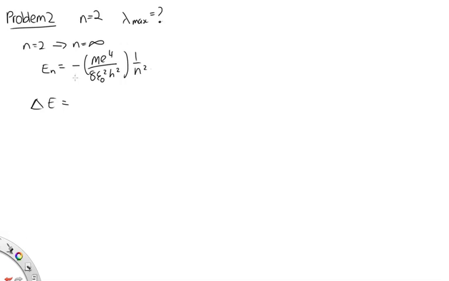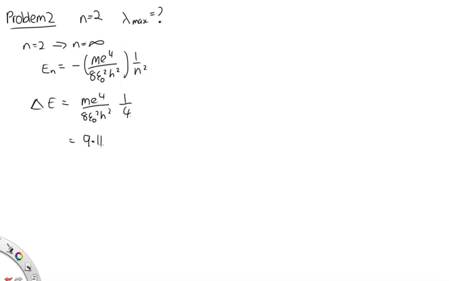So it's minus E2, which is just the negative of this, so it's me to the 4 over 8 epsilon naught squared h squared times 1 over 4. This 4 is 2 squared, so 1 over 2 squared. So now what we need to do is just substitute the numbers and solve this to give us our energy.